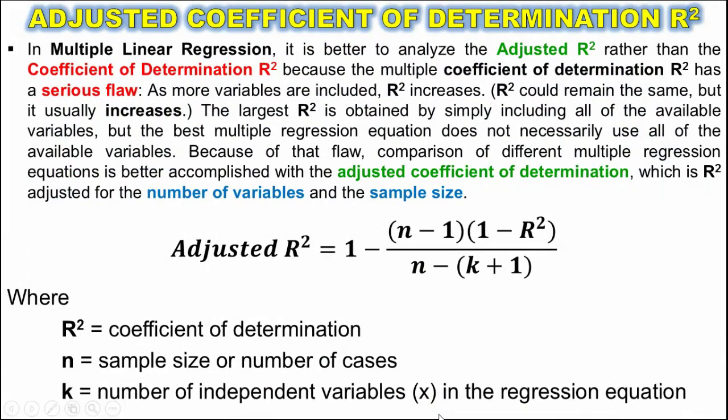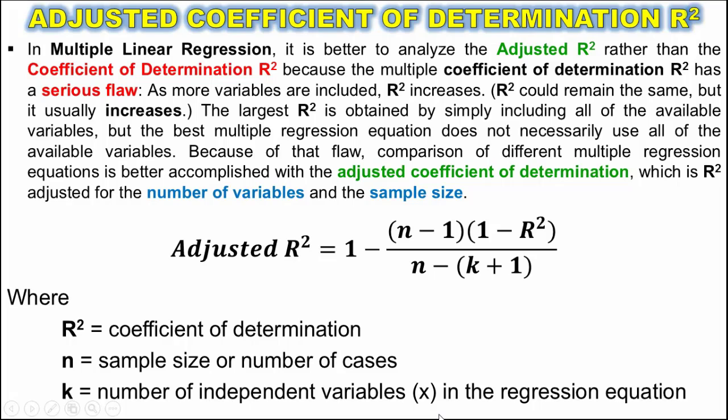Adjusted coefficient of determination R square. In multiple linear regression, it is better to analyze the adjusted coefficient of determination R square rather than the coefficient of determination R square, because the multiple coefficient of determination R square has a serious flaw.